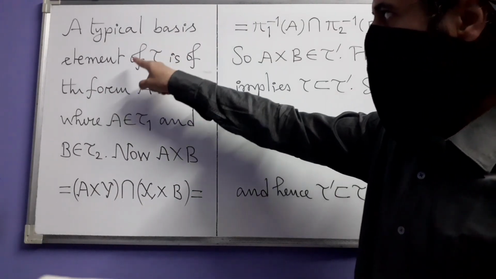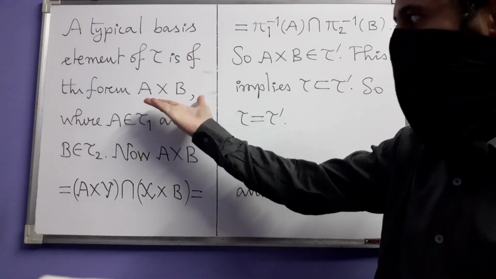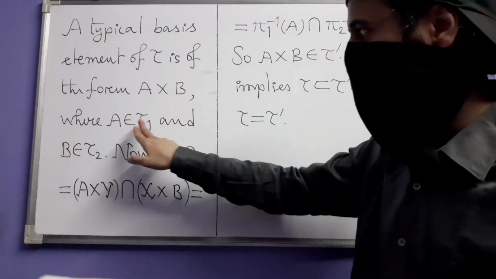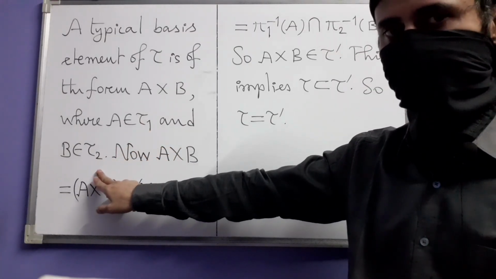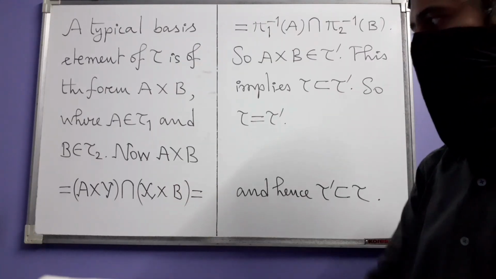A typical basis element of tau, that means the product topology, is of this form A times B, where A is coming from the topology tau 1 and B is coming from tau 2. And now you concentrate on this calculation.